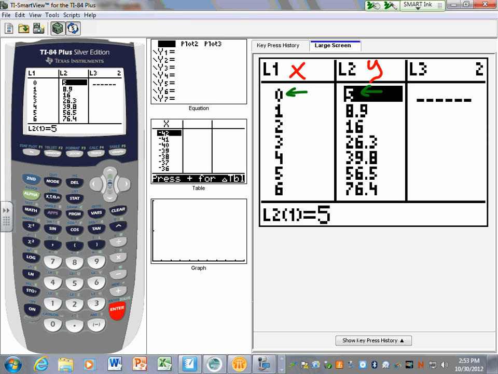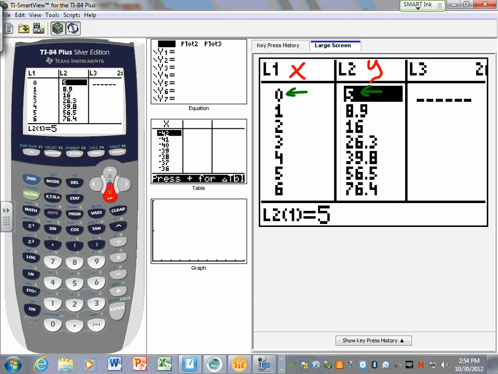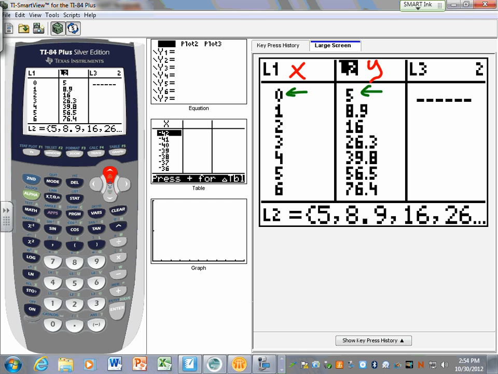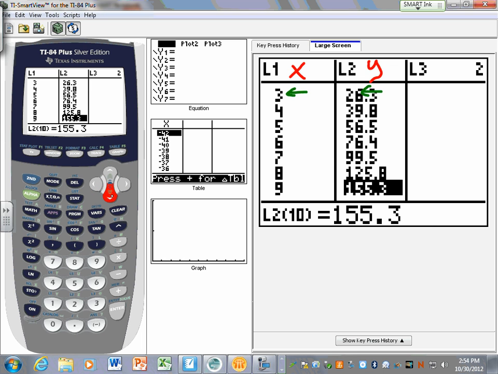And I went all the way down. 1996 was 1, and I put 8.9. So take a couple minutes and put all those in. We're not putting anything in list 3 because we're only doing 2 variables. But you should end with number 10, which is 2005, they had 188,000.